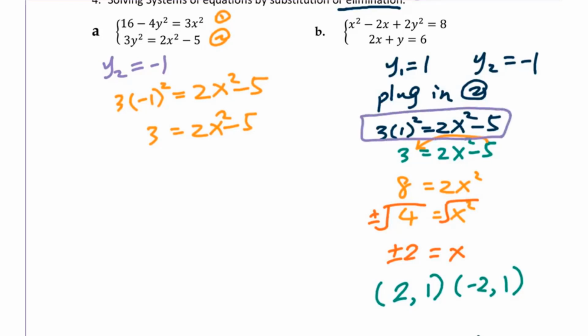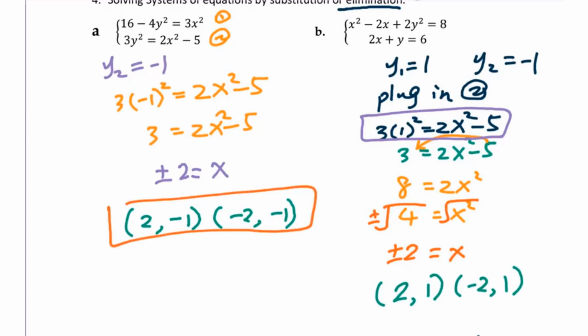Therefore, you will get x equals plus or minus 2. So the solutions will be 2, negative 1, and negative 2, negative 1. So for this system of equations, we have 4 solutions.